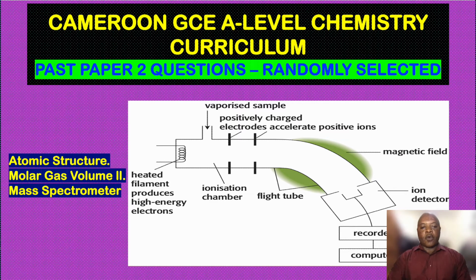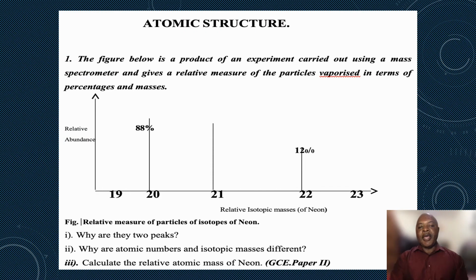We will be starting with question number 1. Look here to calculate the relative atomic mass of neon. Either you can say 88 times 20 plus 22 times 12 divided by 100, or you say 88 over 100 times 20 plus 12 over 100 times 22, and you add up.